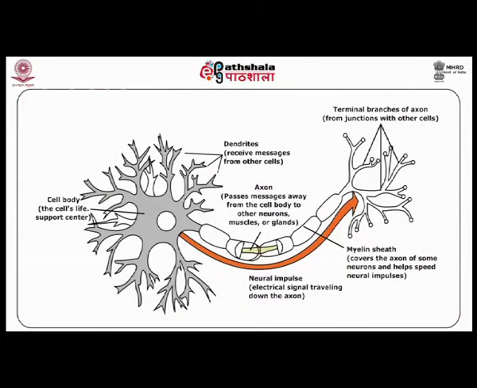Figure 1 shows a typical neuron with an elongated axon. The cell body or soma is the neuron's central part and contains the nucleus. Emerging from the soma are profusely branched structures called dendrites.